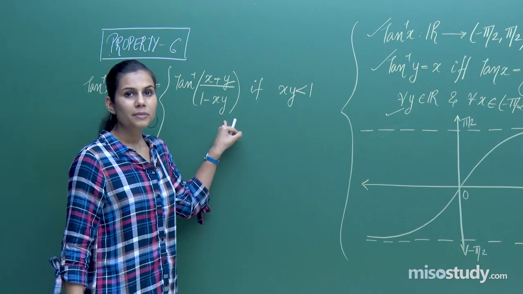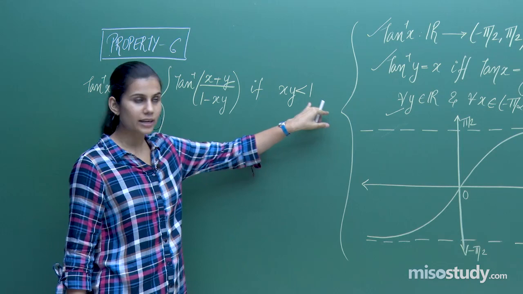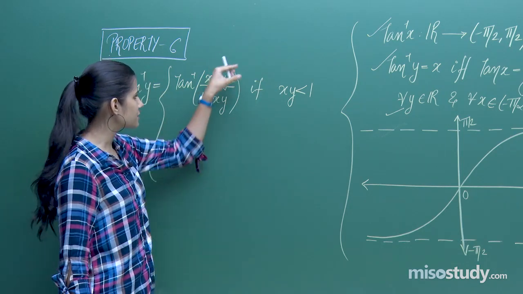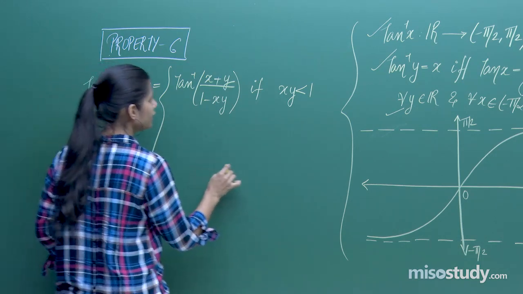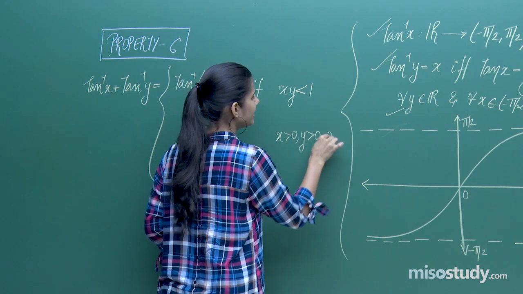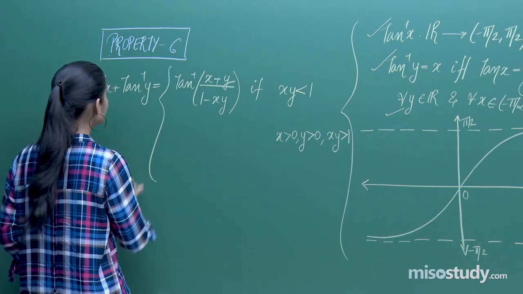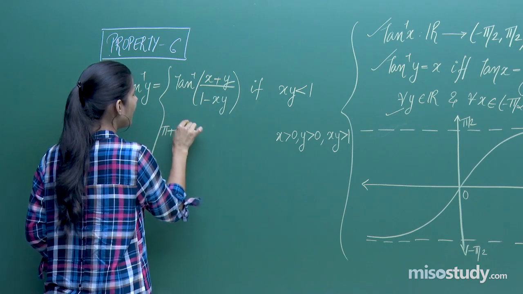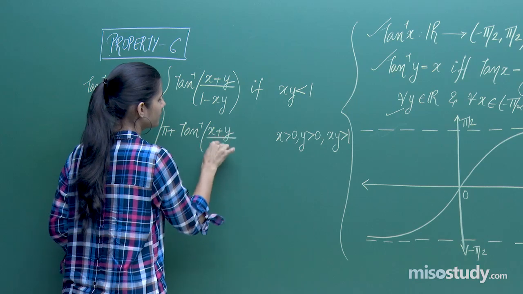Whenever x and y are coming from that section of the real line such that when you take their product it comes out to be less than 1, then for that x and that y, tan inverse x plus tan inverse y is tan inverse x plus y upon 1 minus xy. If your x is positive, y is positive, and x into y is greater than 1, in that situation tan inverse x plus tan inverse y is not equal to this, it is equal to pi plus tan inverse x plus y upon 1 minus xy.